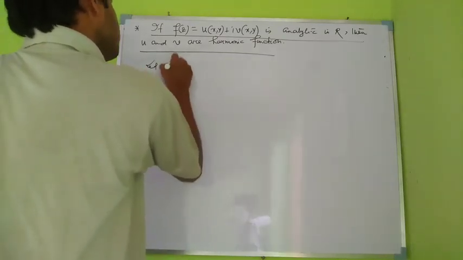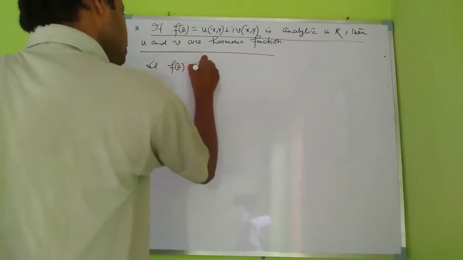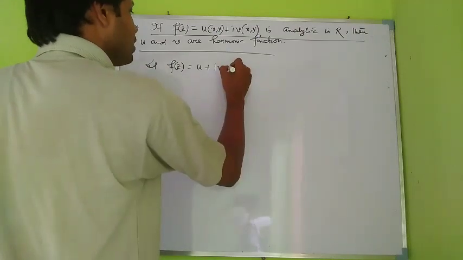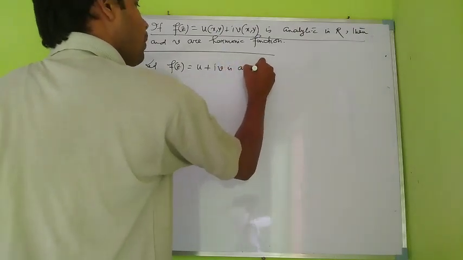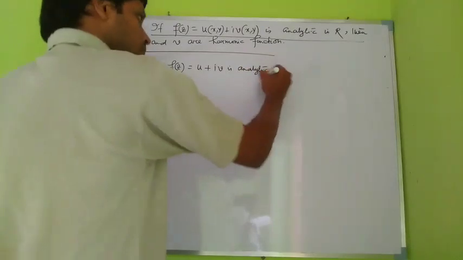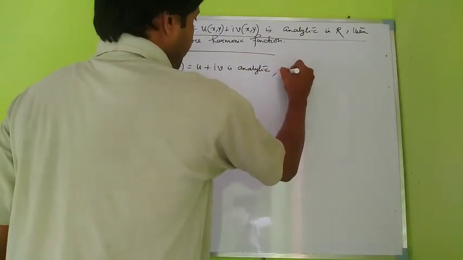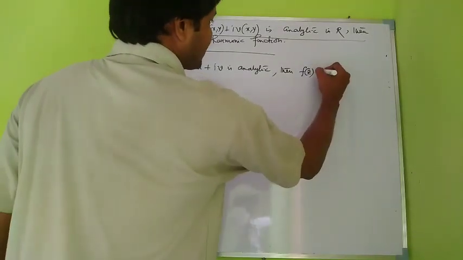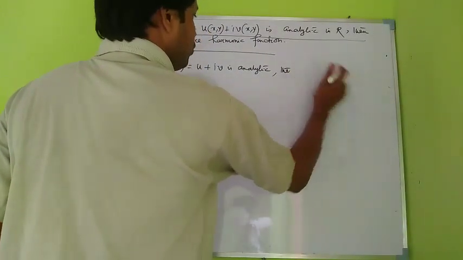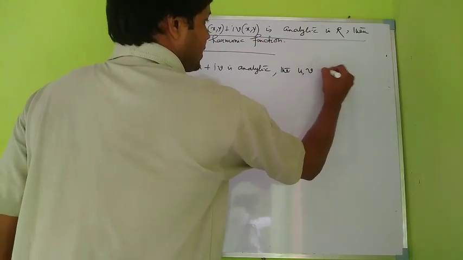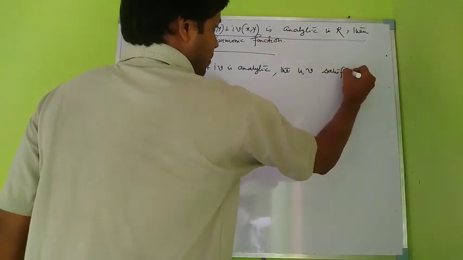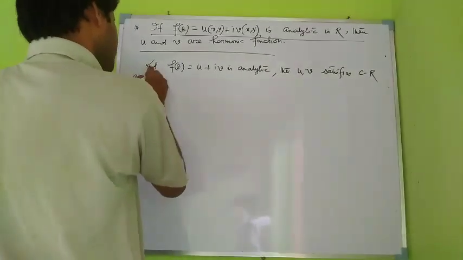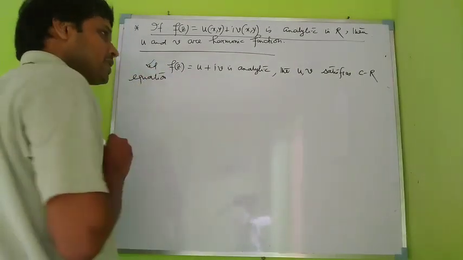Let f(z) is equal to u plus iv be analytic. Then u and v satisfy the CR equation. I explained this in my previous lecture.